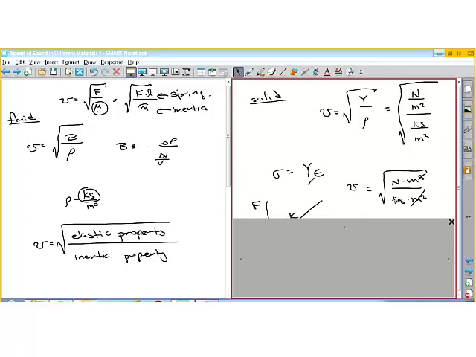So if you look at density, that's kilograms per meter cubed, and the modulus is newtons per meter squared. I'm just taking the units for each of these two terms: Y is the modulus, with units of newtons per meter squared, and the units for rho are kilograms per meter cubed. You put those in and simplify, you get newtons per kilogram.